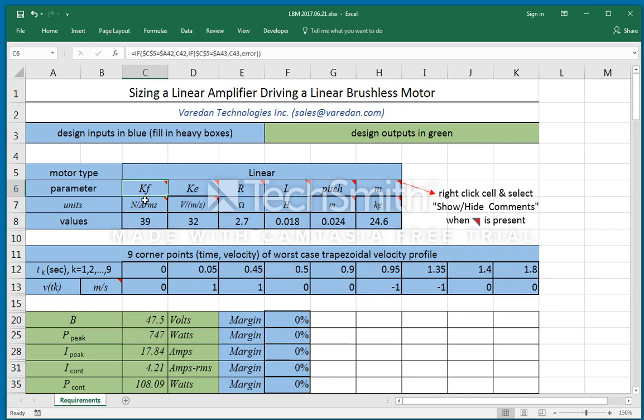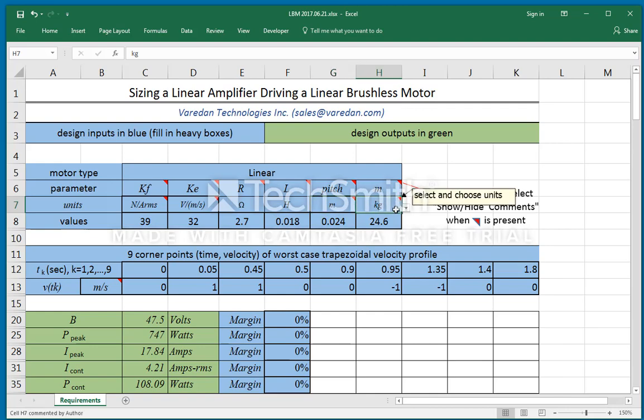Okay, so again, as we look at the heavy black boxes, these are quantities that we can supply. For example, the units. We can choose newtons per amp RMS, millinewtons, pounds force, ounce force, and so forth. In our example, we're using SI units. Similarly, we can choose the back EMF units, the mass units, the pitch units.